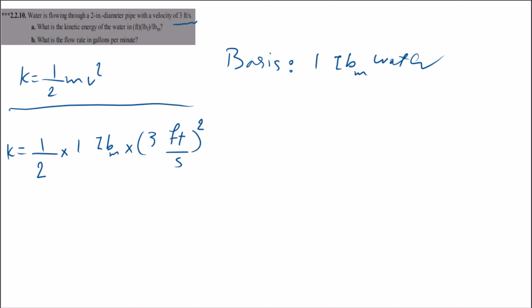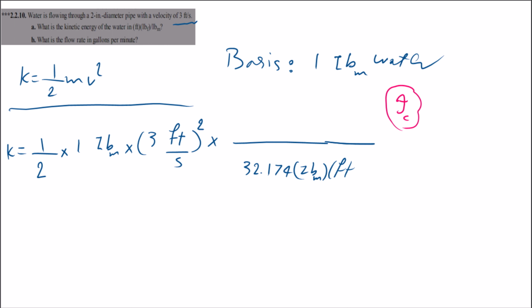As I told you in the previous question, never forget gc when you're using American engineering units. So multiply this by 32.174 lbm foot per lbf square second.